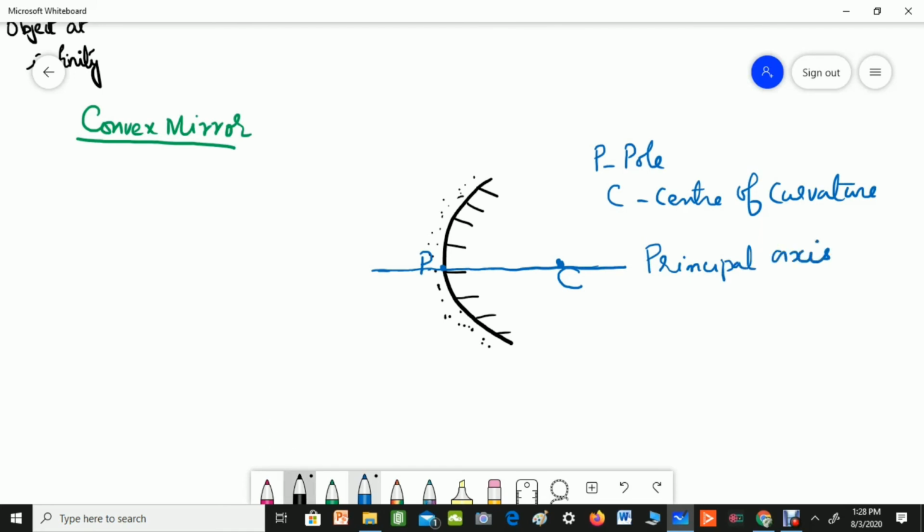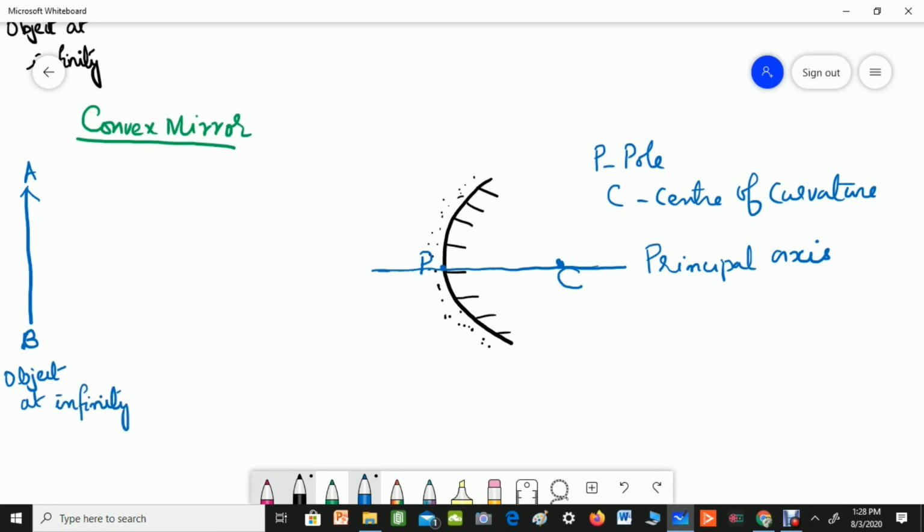Now you need to place the object at an infinite distance, like in the previous case. So AB is the object placed at infinite distance. So, object at infinity.